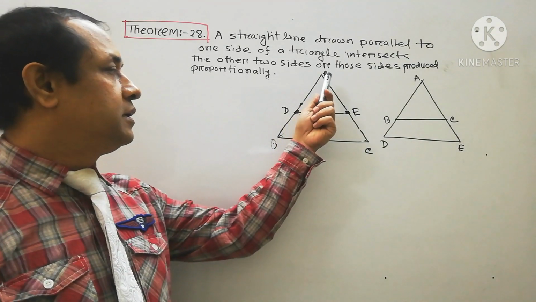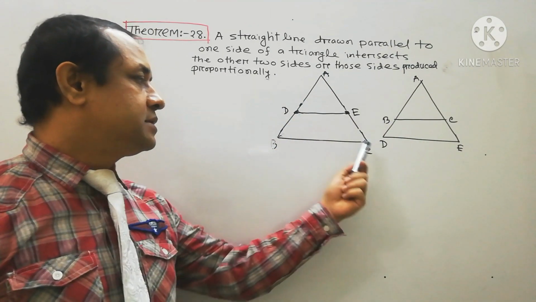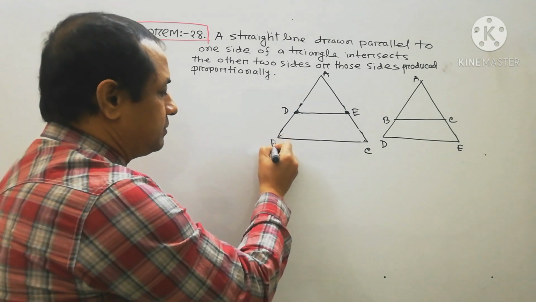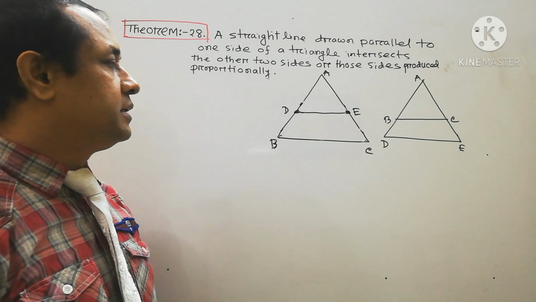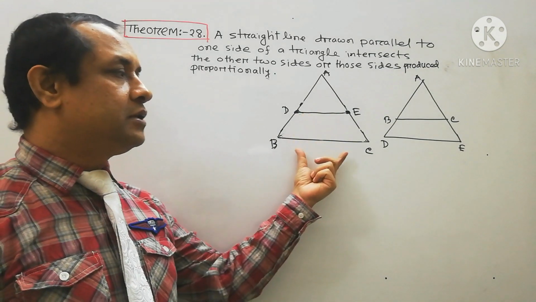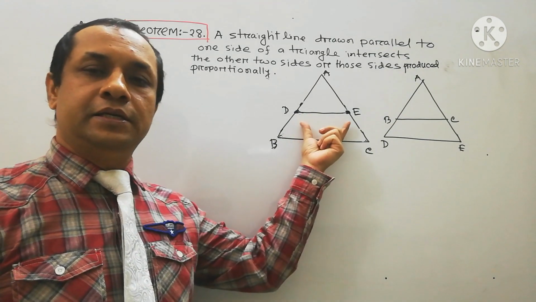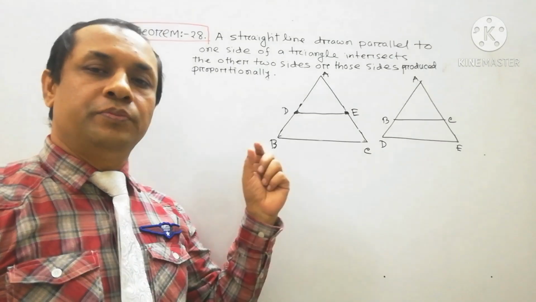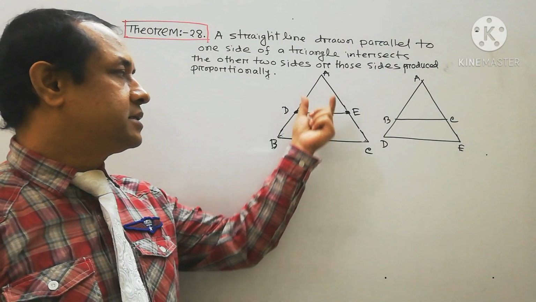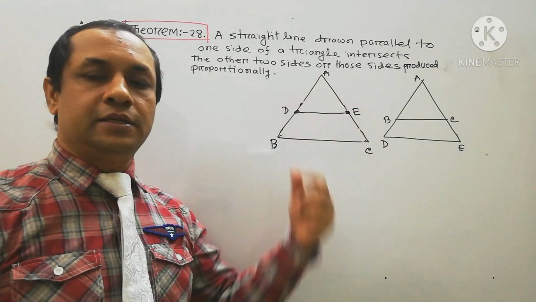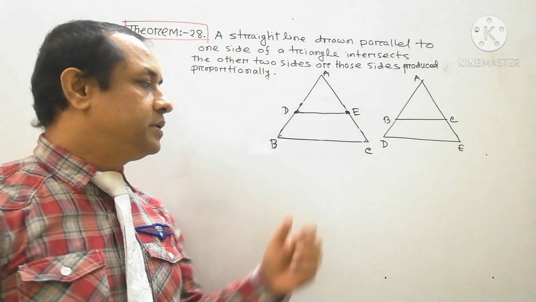So here let ABC be a triangle. Here DE is parallel to BC, and DE intersects AB and AC respectively. Figure number 1.